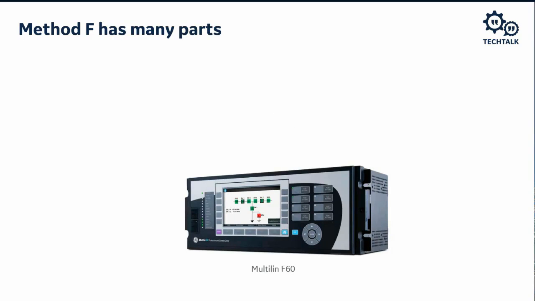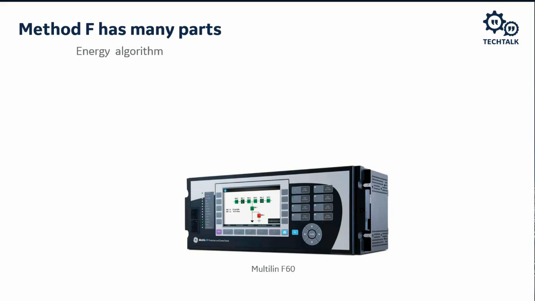To accomplish this, the method F algorithm has many parts. In the HIF element, we determine that a down conductor exists. There are oscillography and fault data captured. In addition, target messages and appropriate LEDs activate on the relay faceplate. So to detect a down conductor or arcing condition, we use these following algorithms in the F60.